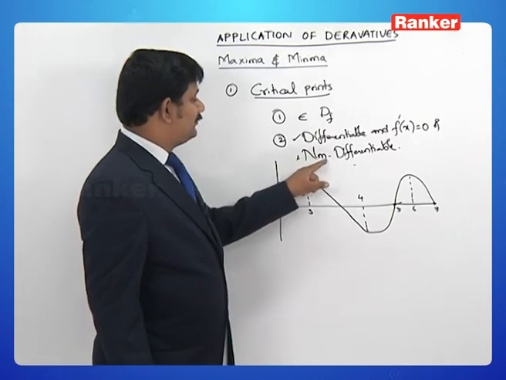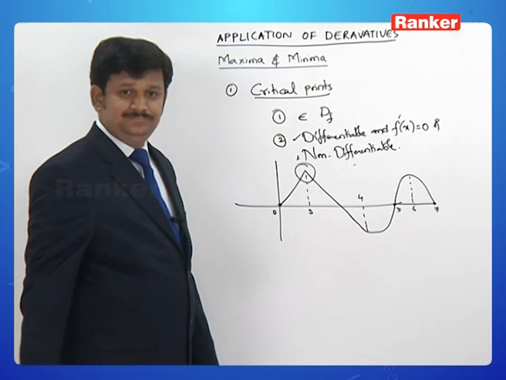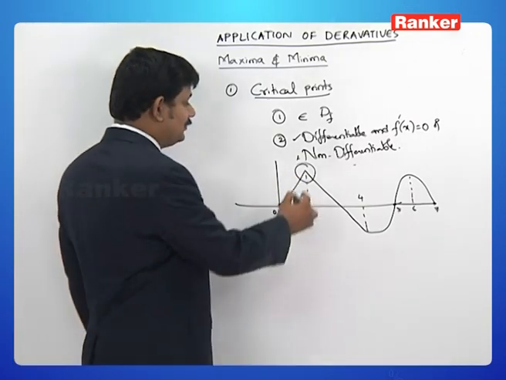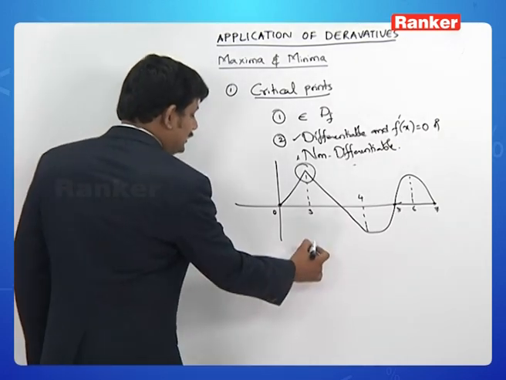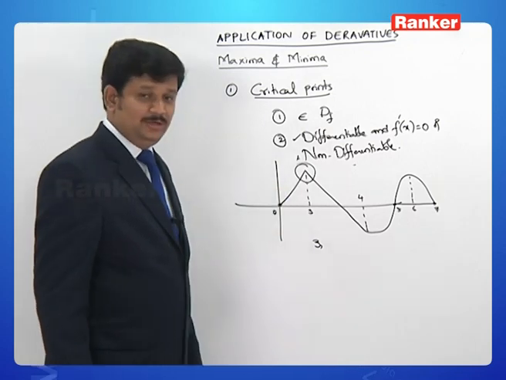So, are there any points where the function is non-differentiable? We can see a sharp point here, and this sharp point indicates non-differentiability. So, 3 is a critical point: 3 belongs to the domain, and at this point the function is not differentiable.